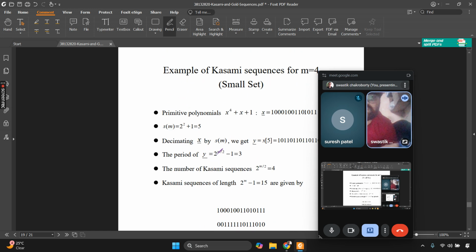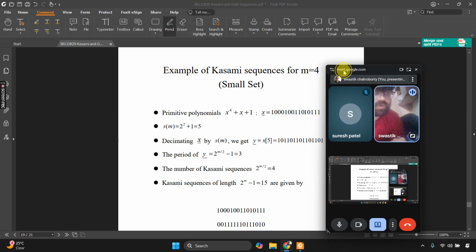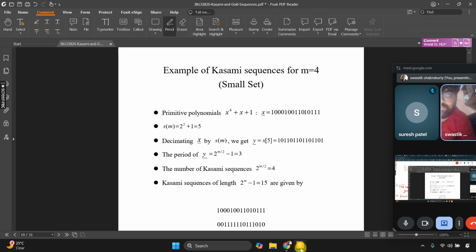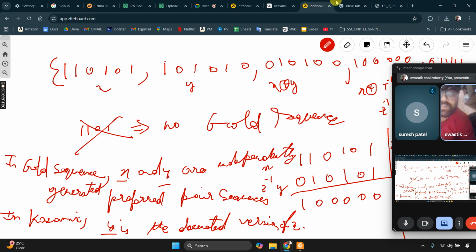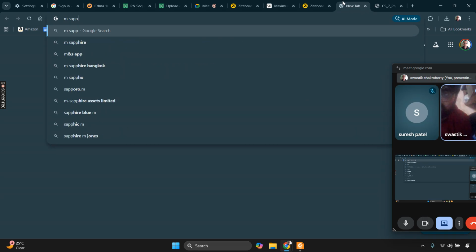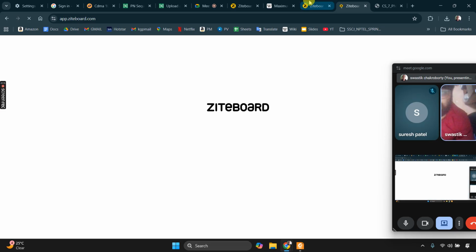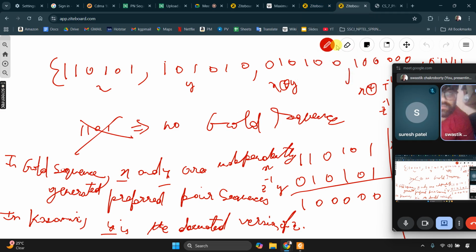So here there is an example of generation of a small set of Kasami sequences. The large set you can generate from here by combining the small set and the Gold set. So the large set equals the Gold set plus the small set. In simple terms, there is of course the sequence itself, but if we neglect that for now, the sequence itself also has to be included.